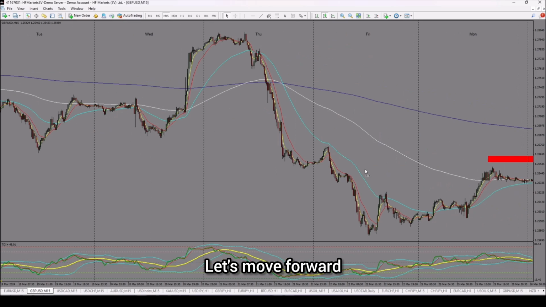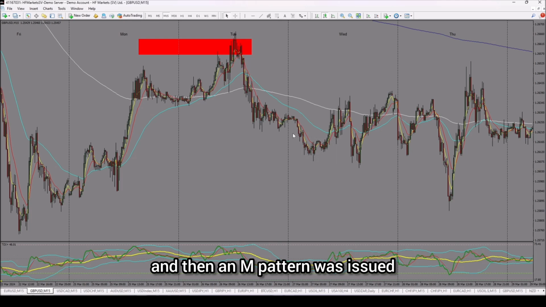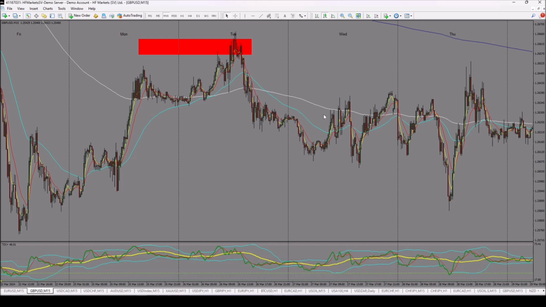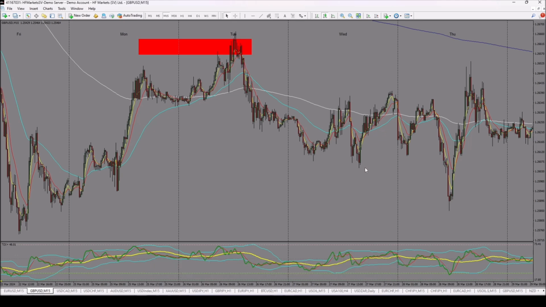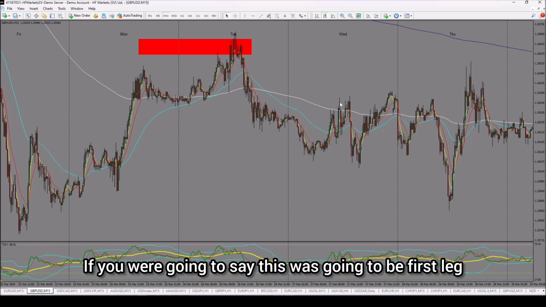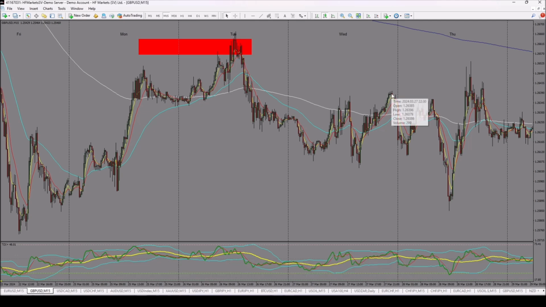Let's move forward. We can see another crossover that occurred at this particular point, and then an M pattern was issued. In this case, first leg, second leg, and the market went to the downside. If you were going to say this was the first leg, this was not going to be a valid point of entry. Why?